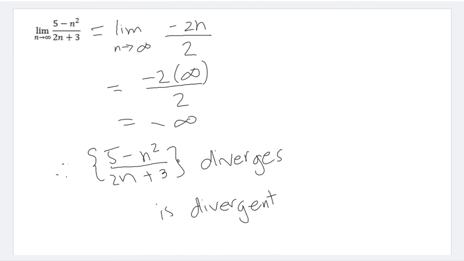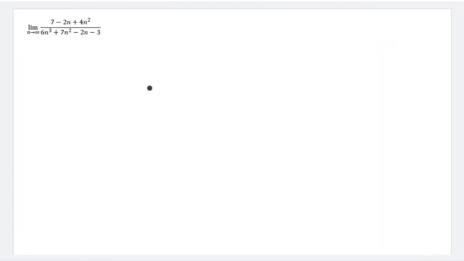Let's have another example. Let's say we have the sequence (7 - 2n + 4n²)/(6n³ + 7n² - 2n - 3). So with this, we apply L'Hopital's rule. So we get the limit as n approaches infinity. So get the derivative. 7 - 2n + 4n squared: 7 becomes 0, -2n becomes -2, and then 4n² becomes plus 8n.